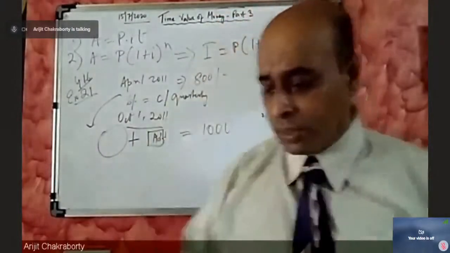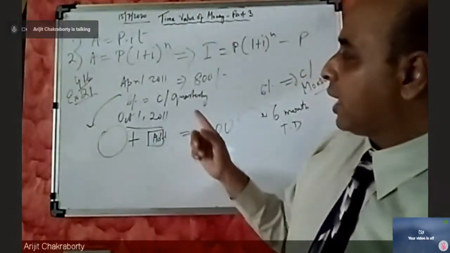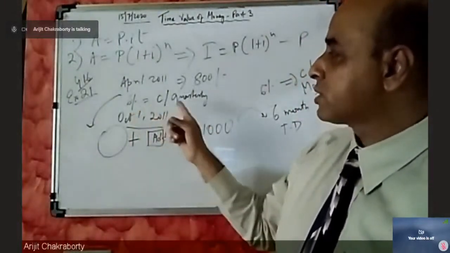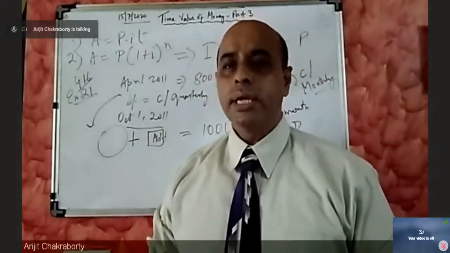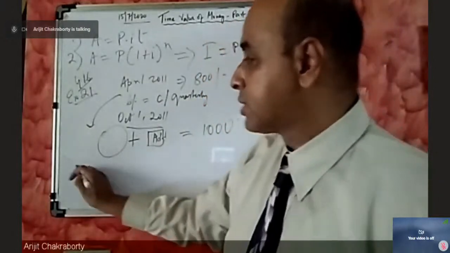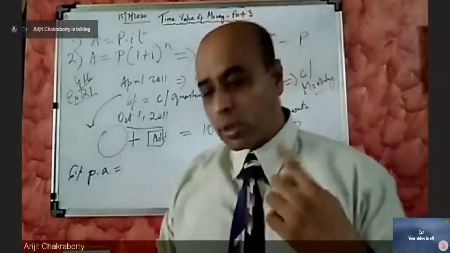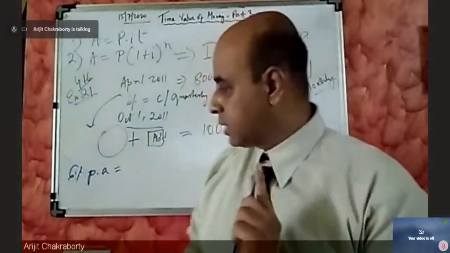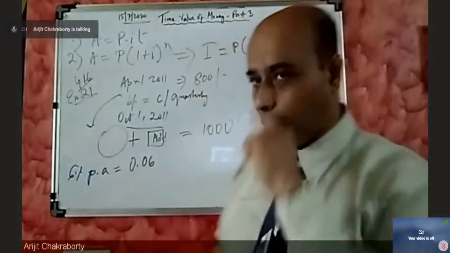Now, first of all, let's go to the solution. Please note that he was getting 6% per annum, but on quarterly compounding, which means 6% is 0.06.